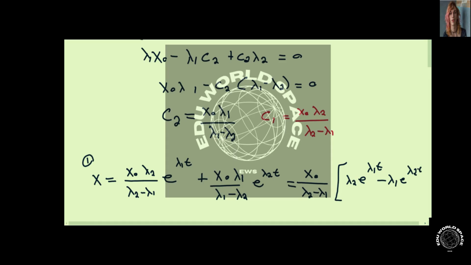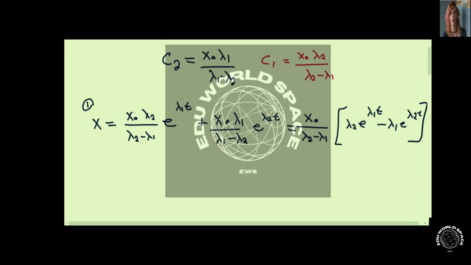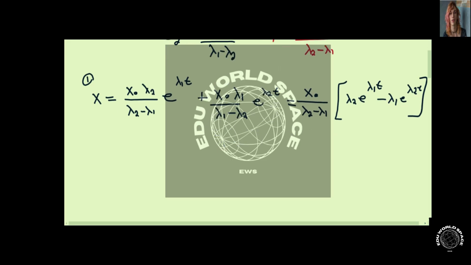And now if your t can't equal infinity, and x is going to have to equal 0 for this, so we're just going to look at this part here, and we have lambda 1 e^(lambda 2 t) minus lambda 2 e^(lambda 1 t) equals 0.